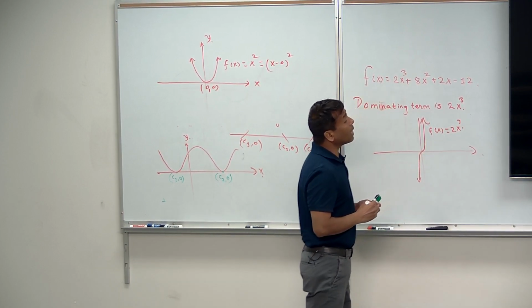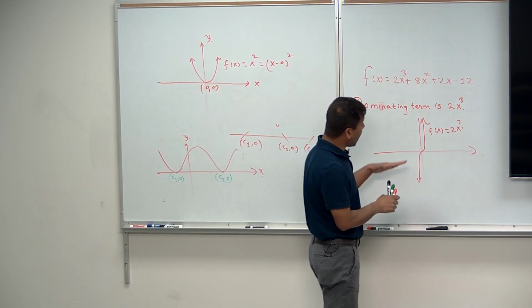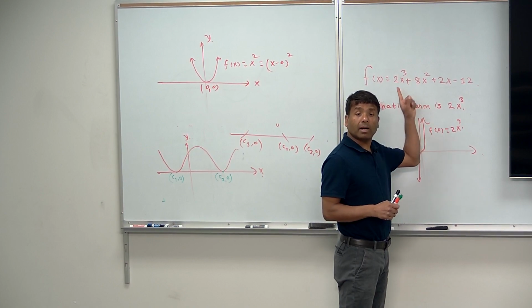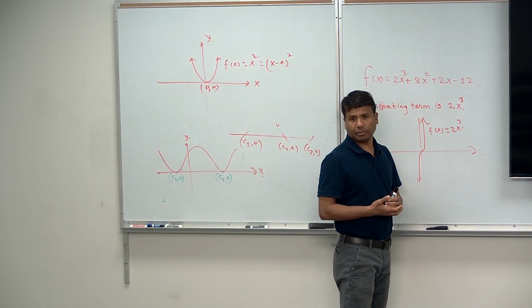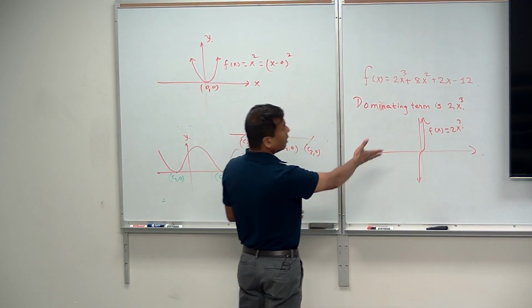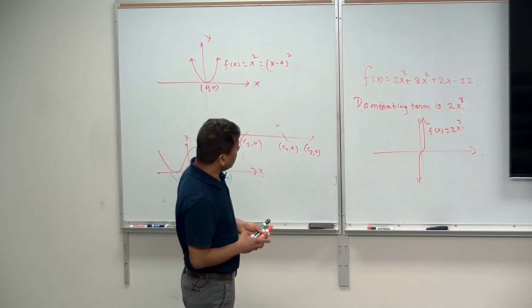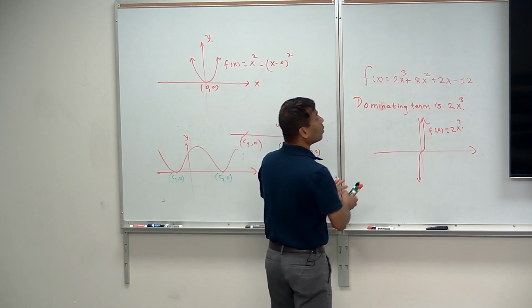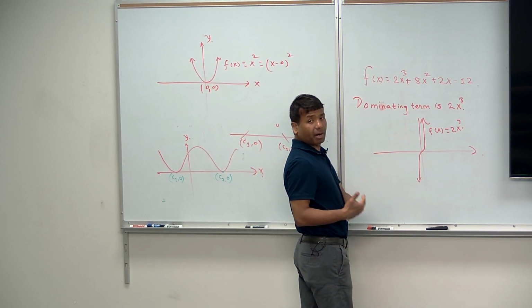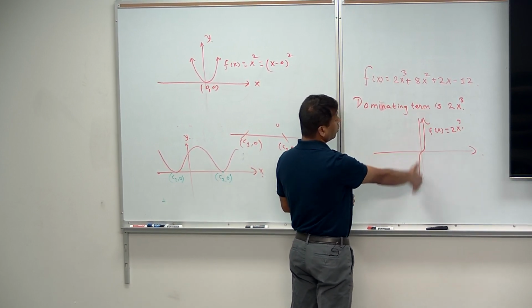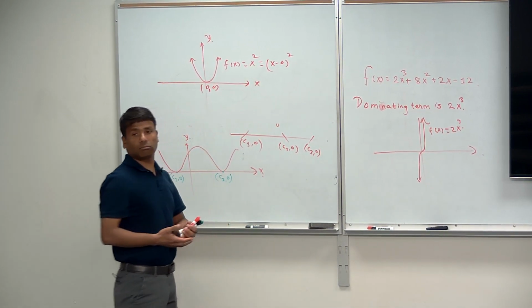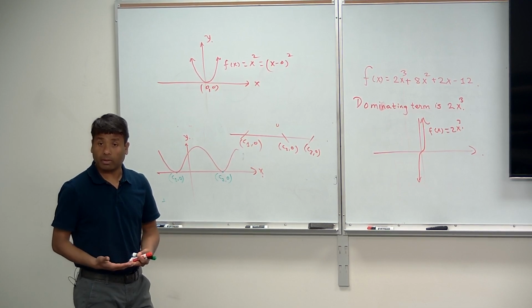Now what you need to know is, as the value of x gets larger and larger, your y value also becomes larger and larger. If x is a very, very big negative number, your function value is also a very, very large negative number.